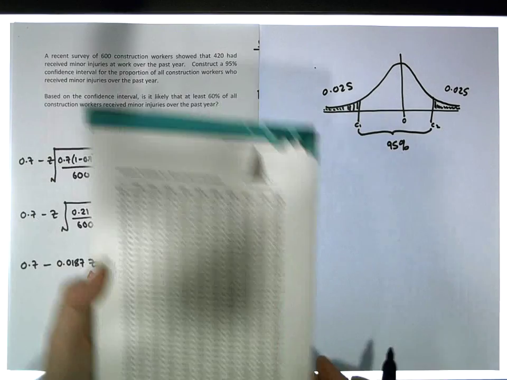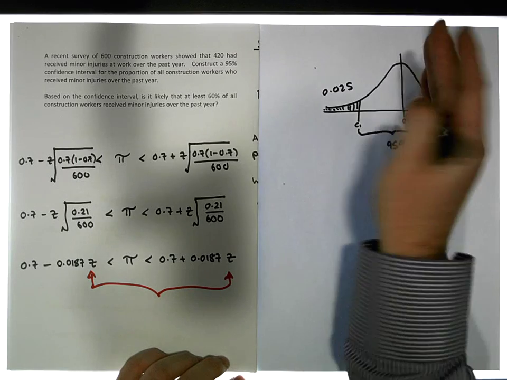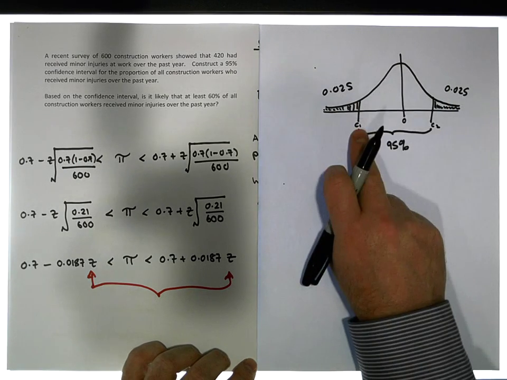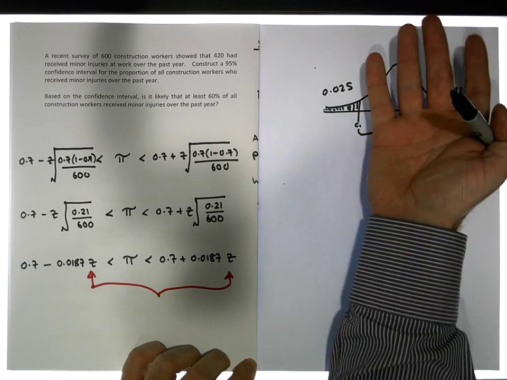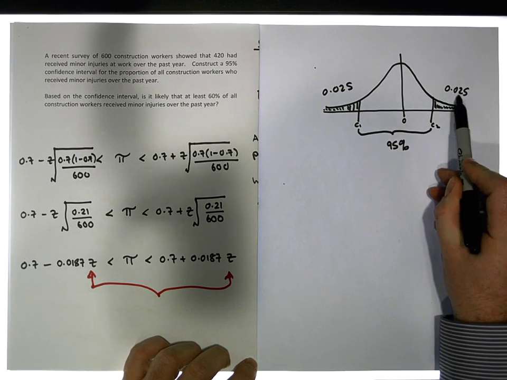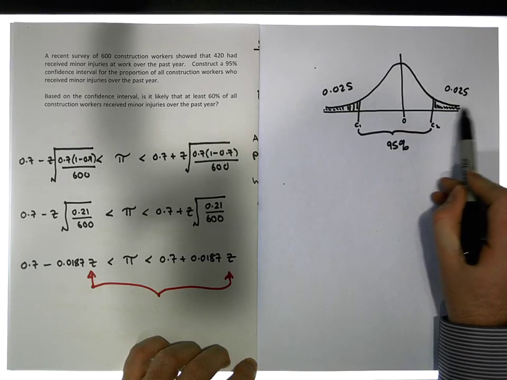Okay, so if we look at this and keep note of the symmetry in the curve, if we find this critical value over here, well then we get this critical value over here for free through the symmetry of the curve. So what we know is that 0.025 of the area needs to be on the right hand side of this critical value.